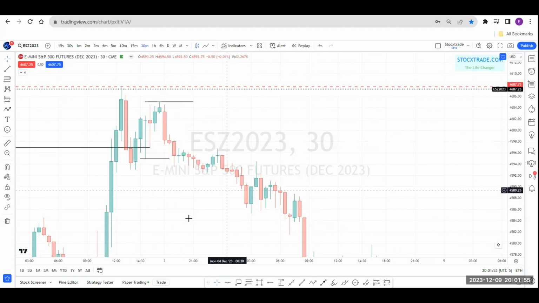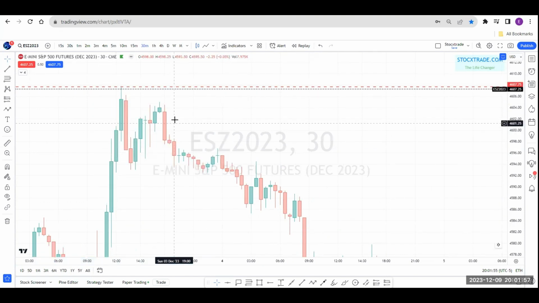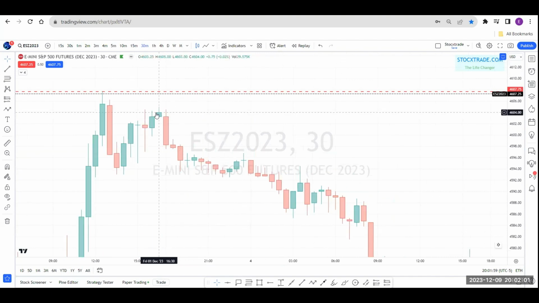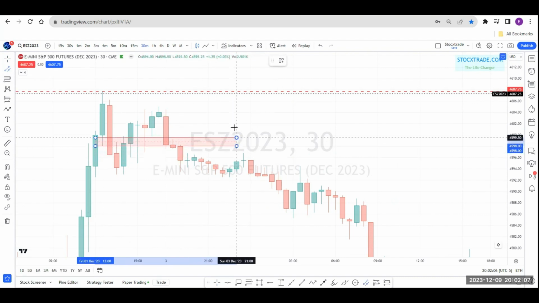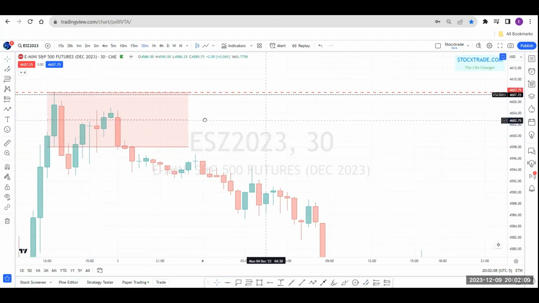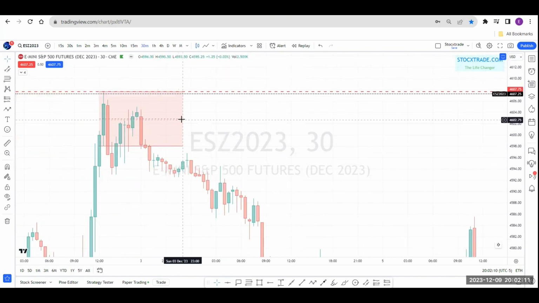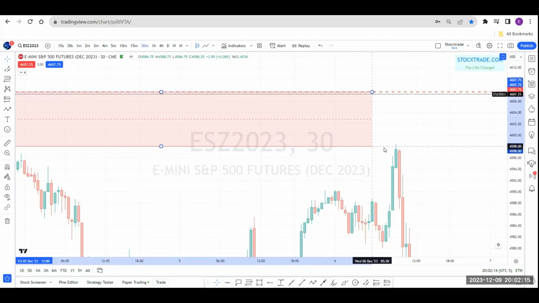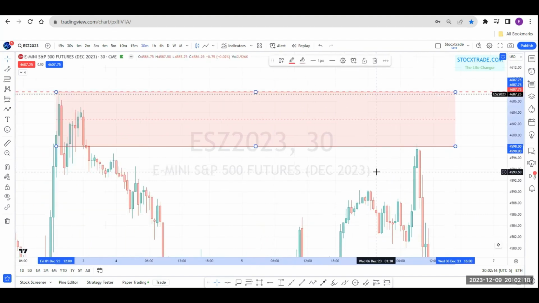If I remove all this, the last candle is this small green one, or the last candle is this. If I mark this, will I get the trade? Let's see. Might be I will get, might be I will not. Oh, I just got it.